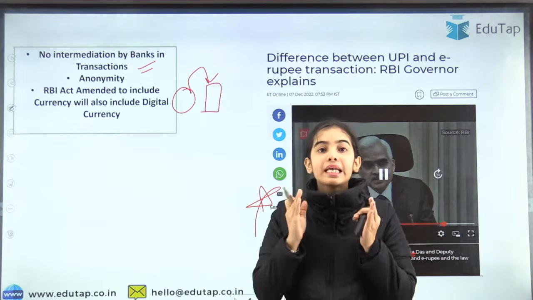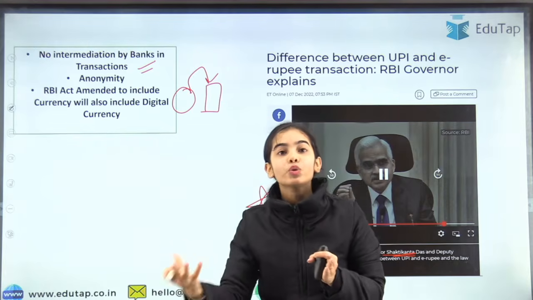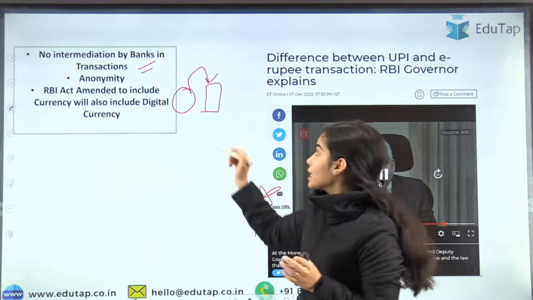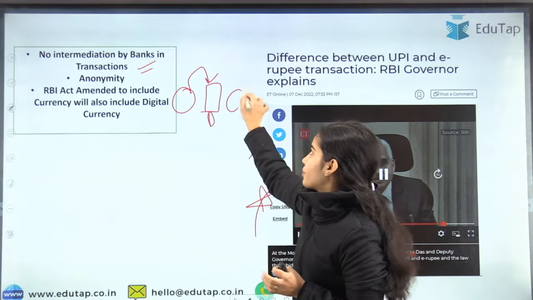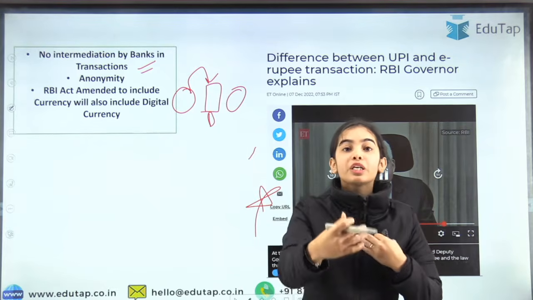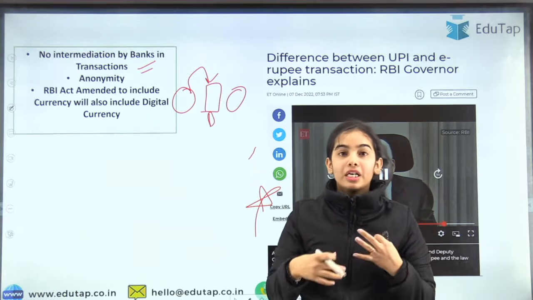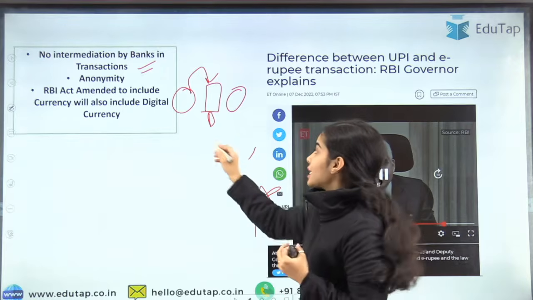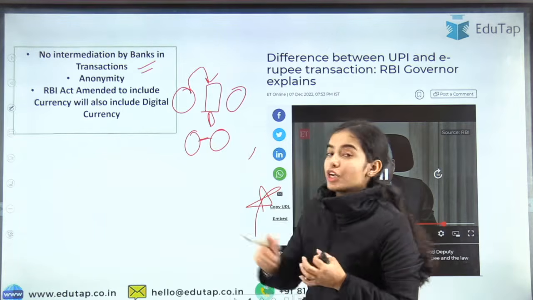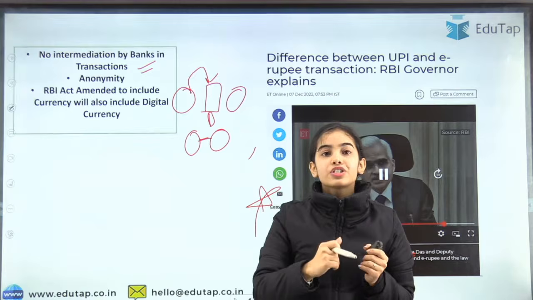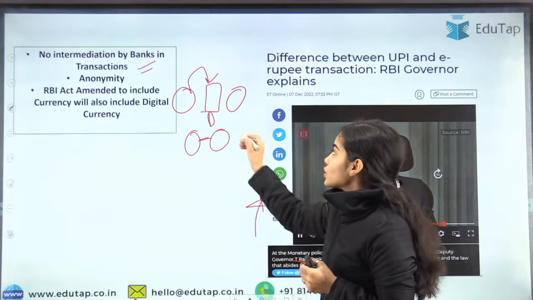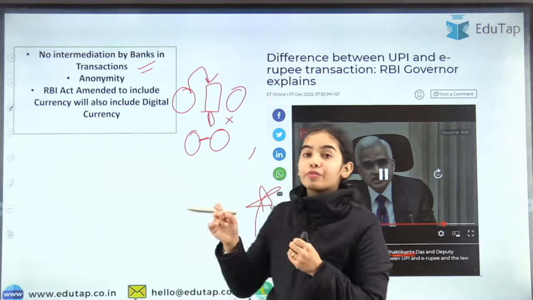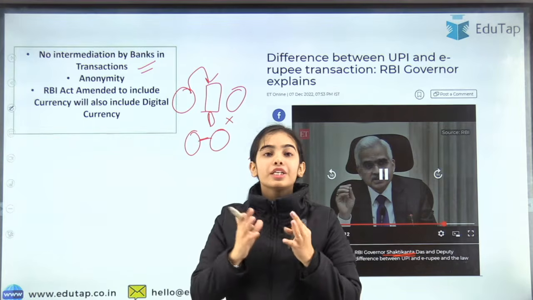Now the bank is acting as an intermediary to transfer your money to the other bank account. But when you are transferring between the digital wallets, the e-Rupee that you are transferring, no intermediary is needed. You can directly transfer your money to the digital wallet of the other person. So there is no intermediation required for the transactions in the digital rupee.